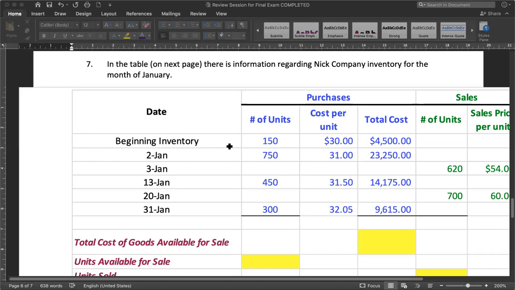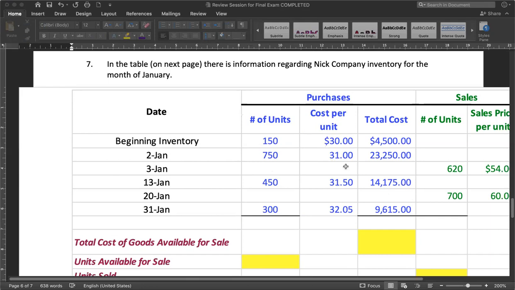And finally, I'm going to come back to this in just a second here, but I have 700 units minus 450 minus 750 minus 620. And so far, I need 120 more units, okay?